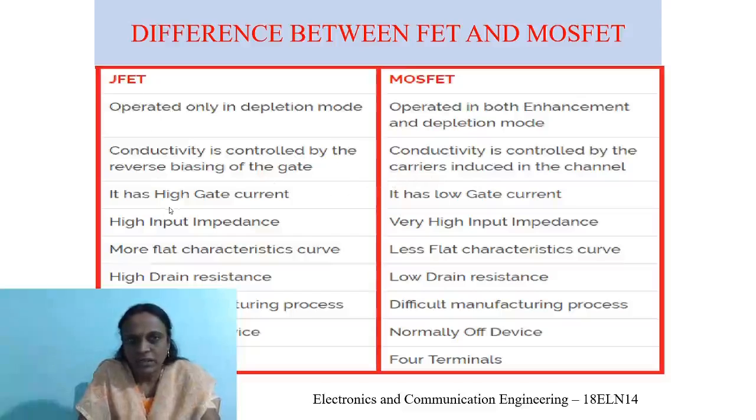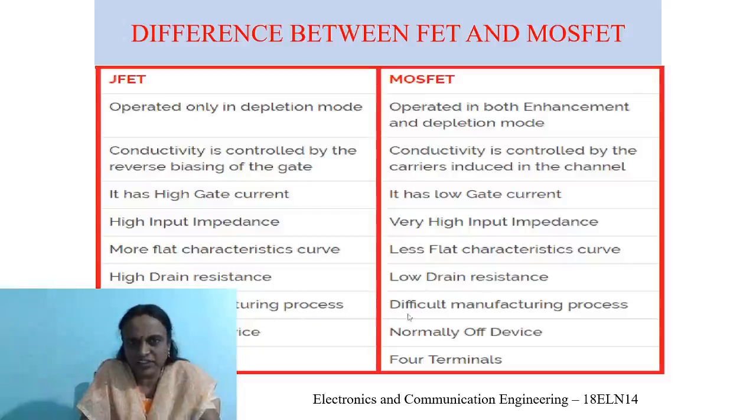Next, third one, JFET has high gate current, whereas MOSFET has low gate current. JFET has high input impedance, whereas MOSFET has very high input impedance. JFET has a flatter characteristics curve, whereas MOSFET has a less flat characteristics curve. JFET has high drain resistance, MOSFET has low drain resistance.